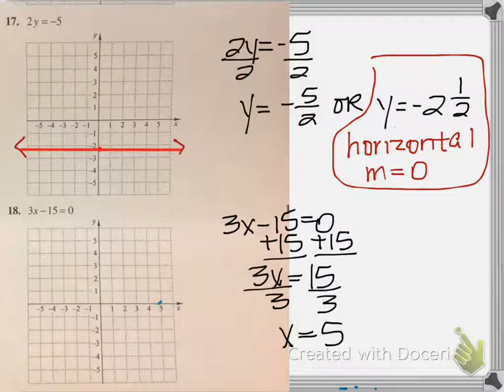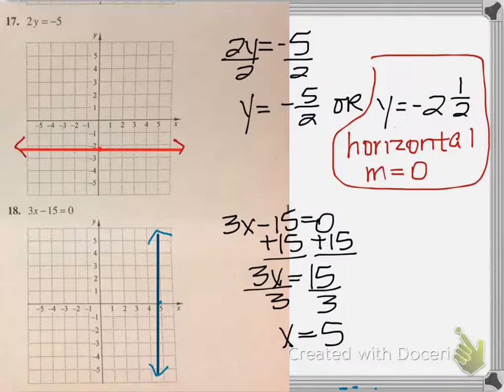Let's see if I can draw one in here at 5. That's close, but you get the idea. It's a vertical line. Put your arrows on the ends, and there you go.